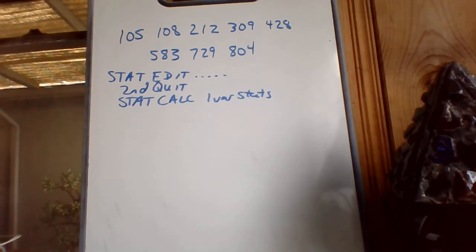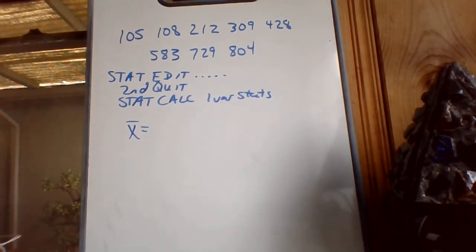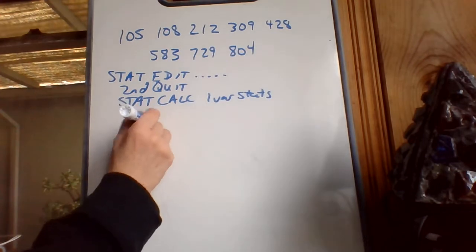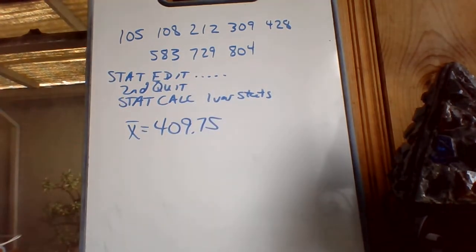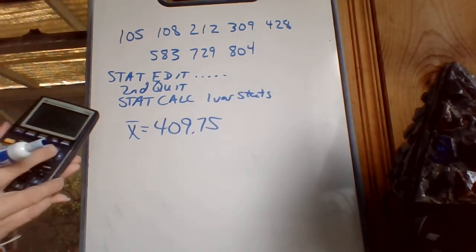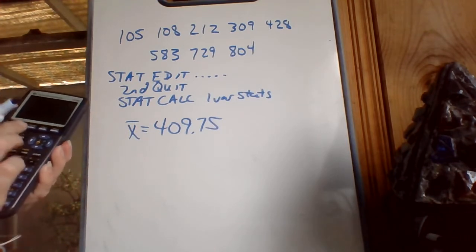the mean, 409.75. And if I was on question 6, I'd have to write the median as well. There is this little arrow right here. It says n equals 8. And then there's a little arrow.